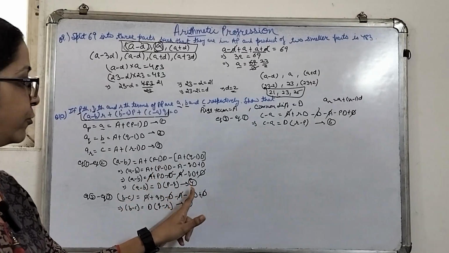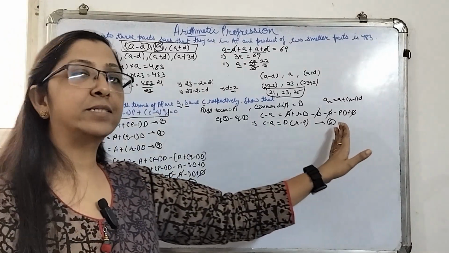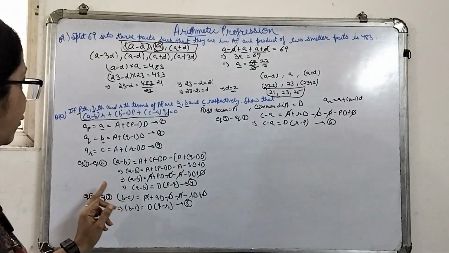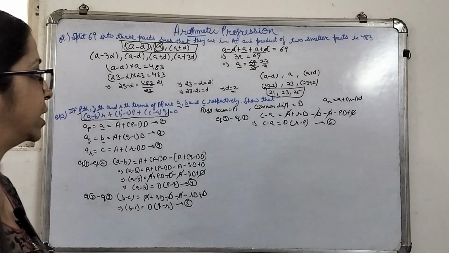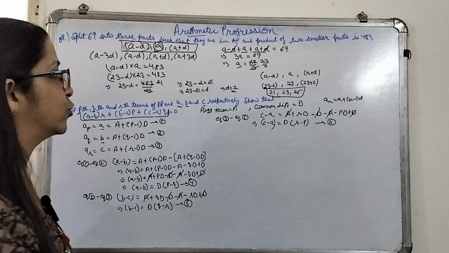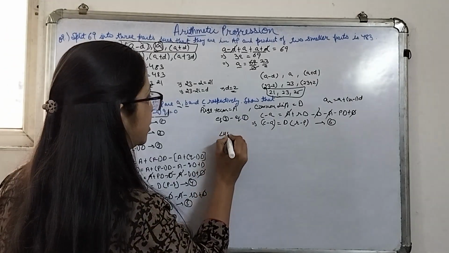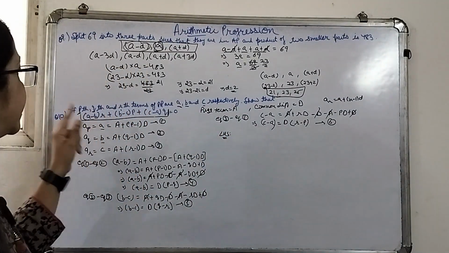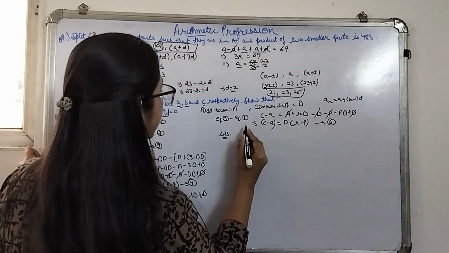Now from equation number 4, 5 and 6, we will be keeping the values of A minus B, B minus C and C minus A in your LHS part. So first we are taking the LHS part. In this LHS part, first of all, I am just completely writing the LHS part.